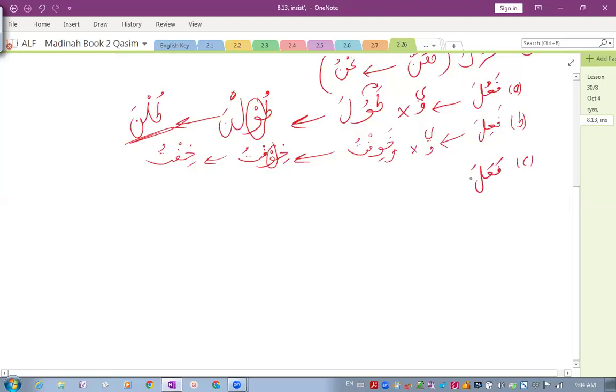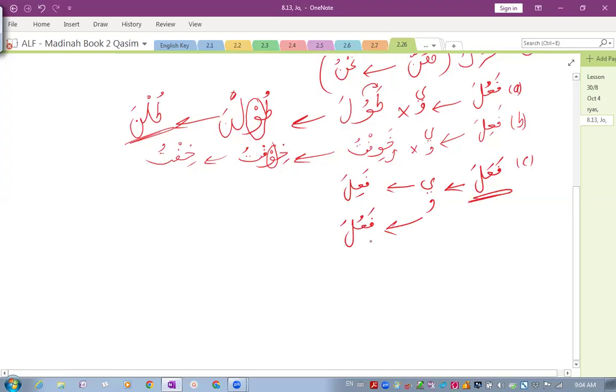Then the third scenario is fa'ala, when you have a fatha on the middle radical, and we are still talking about the mutaharrik pronouns. When you have a ya or a waw, if it is yai, you change it from fa'ala to fa'ila.